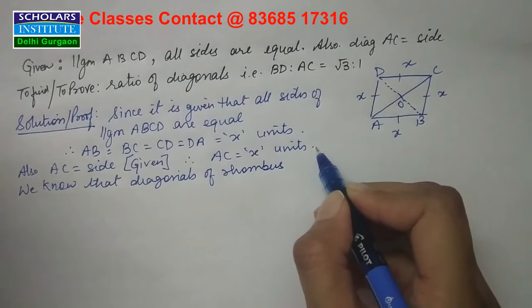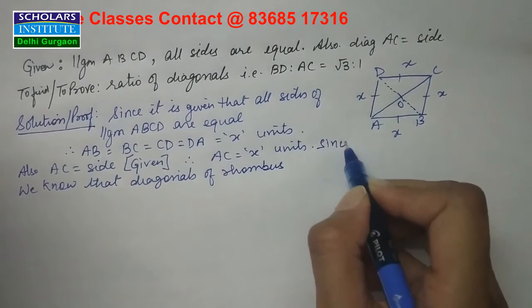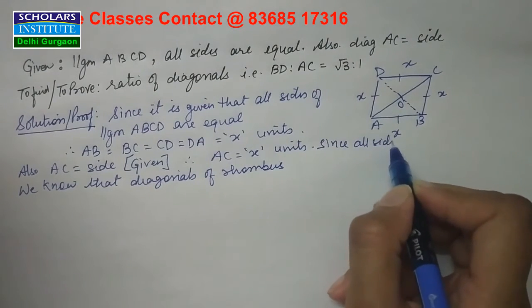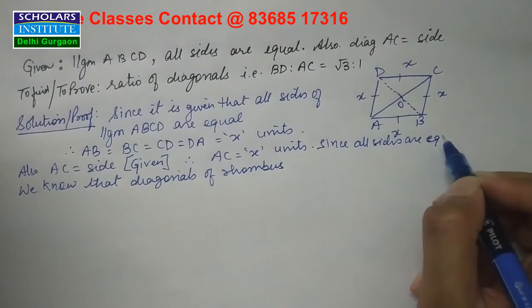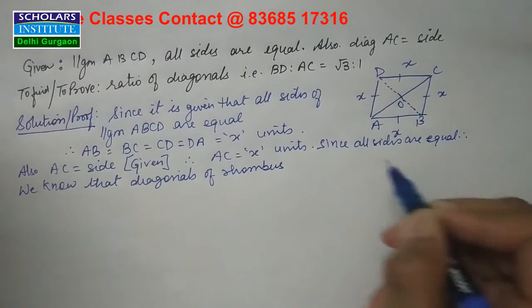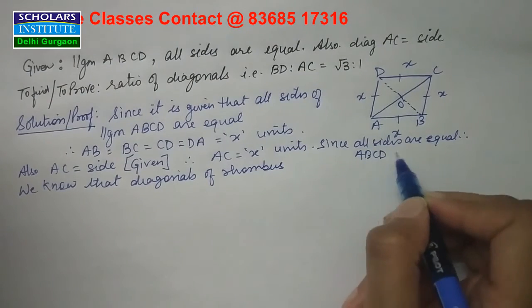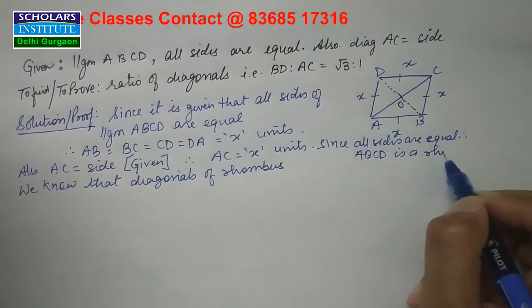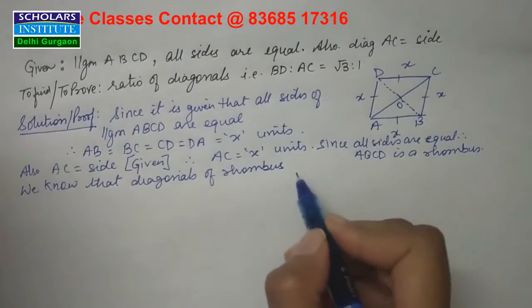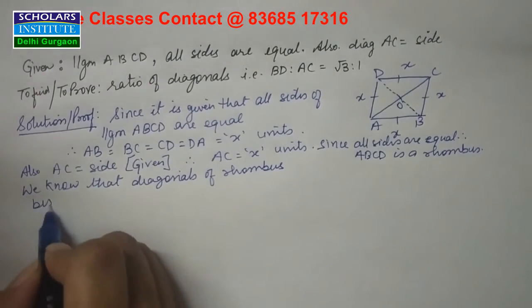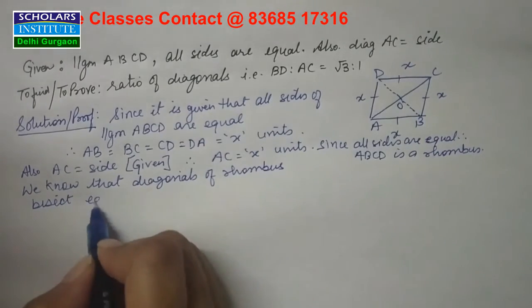Before that let's write, since all sides are equal, therefore ABCD is a rhombus. Then we can write, we know that diagonals of a rhombus bisect each other.